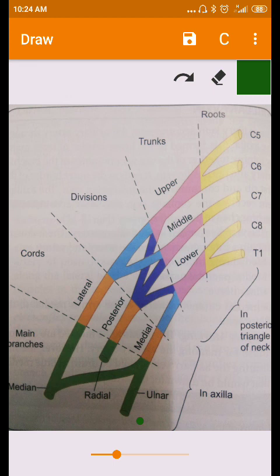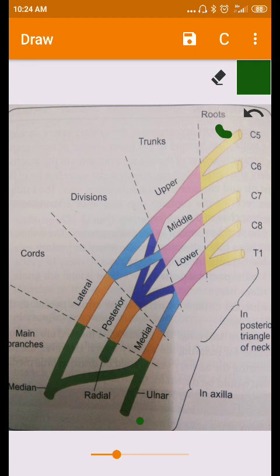There are two nerves coming from the C5 root. The first is the nerve to rhomboids. C5 is giving one branch called the nerve to rhomboids, also called the dorsal scapular nerve.